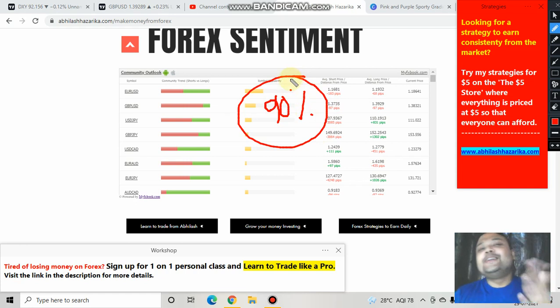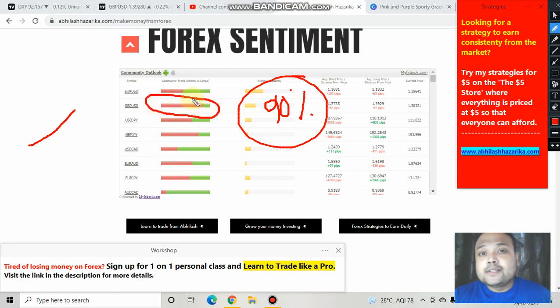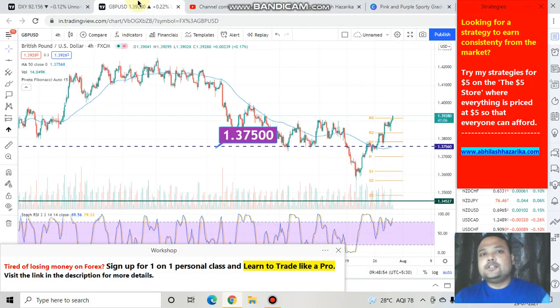You have seen on the chart that GBP USD is going up sharply. There is huge bullishness in the market, and 85% of retail traders have taken a short position. This is the main reason retail traders lose money: they always stand against the trend of the market.